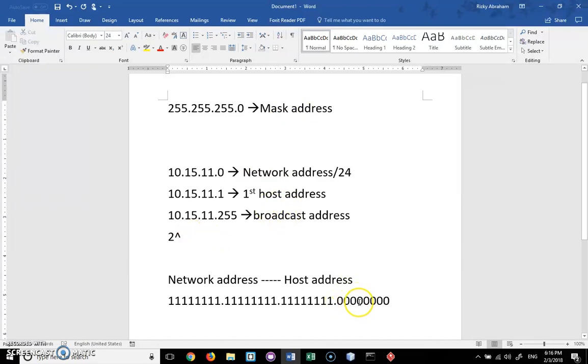So we have 1, 2, 3, 4, 5, 8. So 2 to the power of 8, and then minus 2, which you can have up to 254 host addresses.